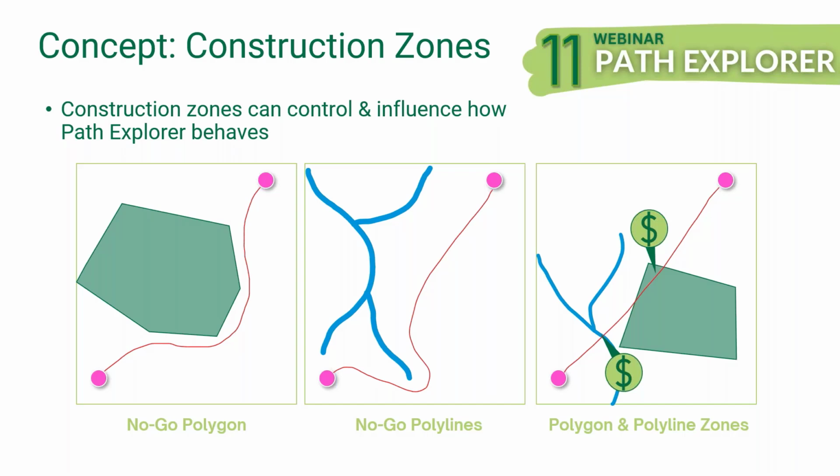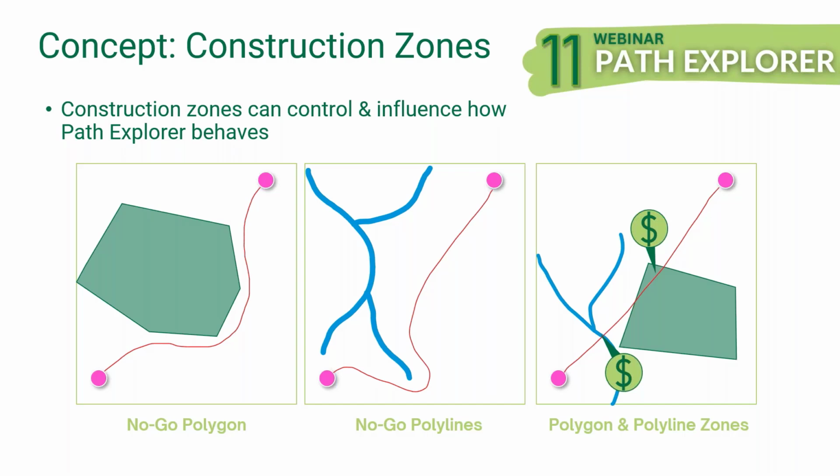And then the more interesting one are the polyline and polygon zones. And these are zones where you can assign different costs. It could be a lower cost, it could be a higher cost, but there is a different cost metric that's being applied. And again, I'll show that in the example here on the left, for that stream or river that's being crossed, we could assign a crossing cost to that polyline or to a group of polylines representing streams.